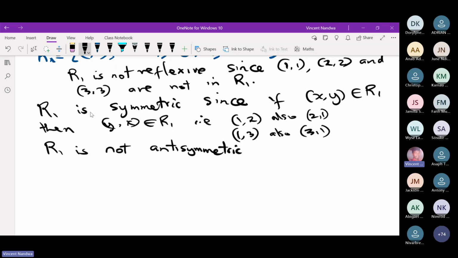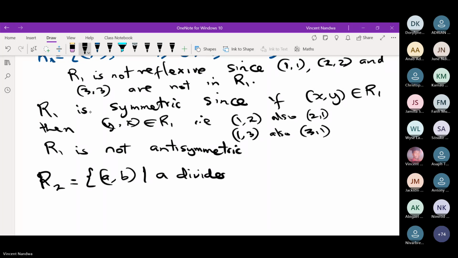But let me just pause so that we can understand the interpretation of this. If we have R2 to be the set with elements a, b, such that a divides b, can we define R2 from this set A?